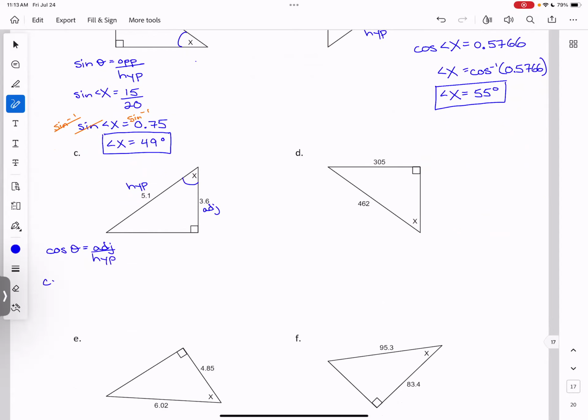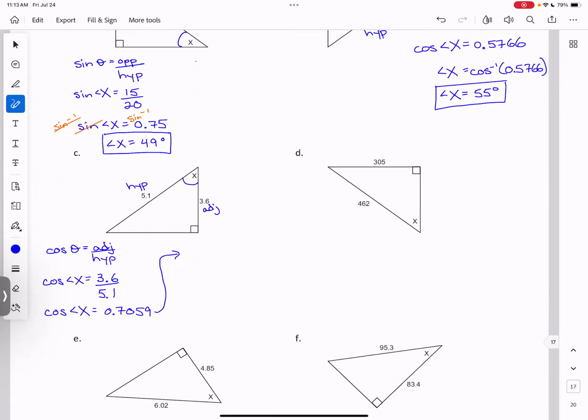So cosine of our angle x is 3.6 over 5.1. Let's get the decimal answer of that. So 3.6 divided by 5.1 gives me about 0.7059.